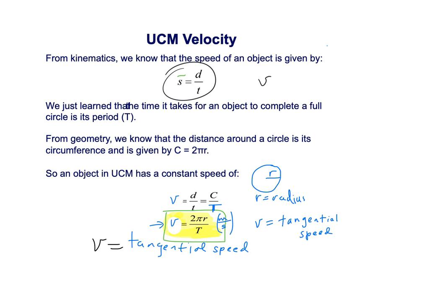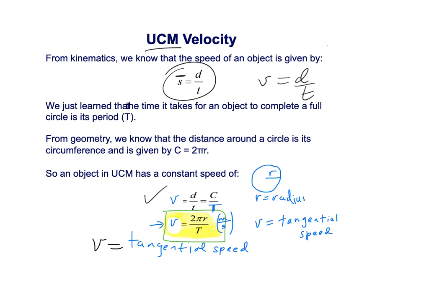I'm going to use the symbol V for speed now, because it doesn't matter to distinguish between speed and velocity in this unit. It's average speed, but because in uniform circular motion the speed's staying the same, I don't need to put the average. So V equals distance over time.